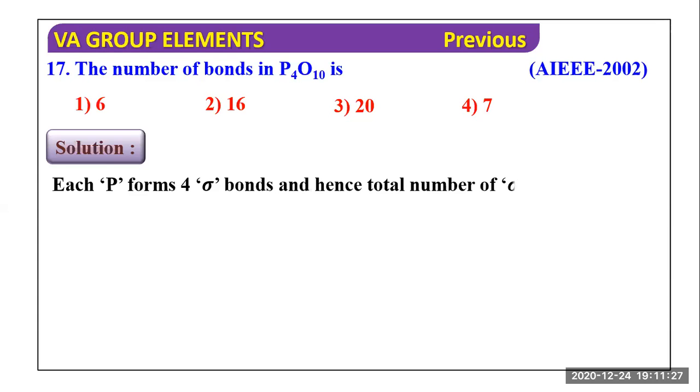Actually, the question was slightly wrong because they want to know the total number of bonds, but actually it is the sigma bonds, because there is no other option about the total bonds also.